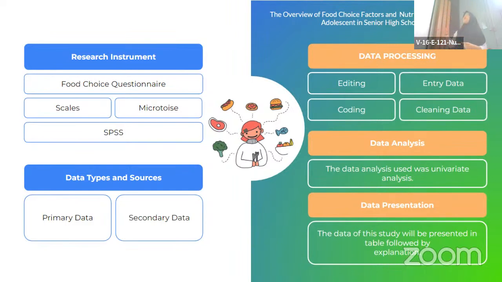For the data analysis itself, it will use univariate analysis to give descriptions of the variables, including food choice factors and also nutritional status. And the last one, the data will be presented through tables followed by explanation.